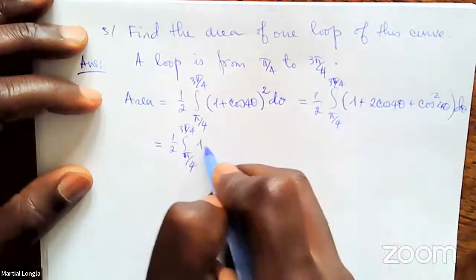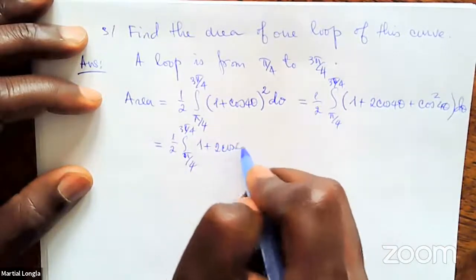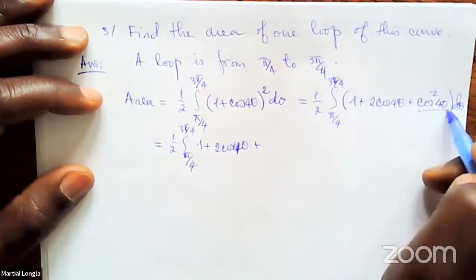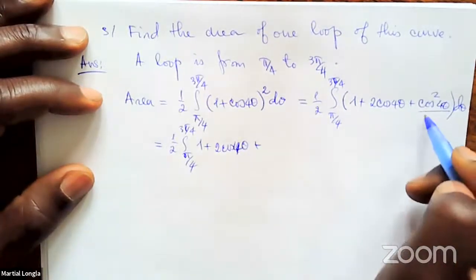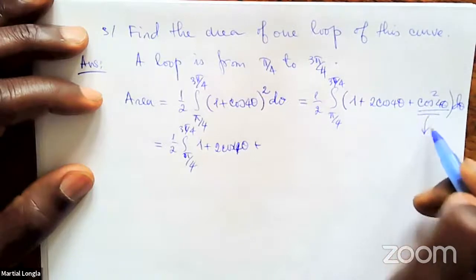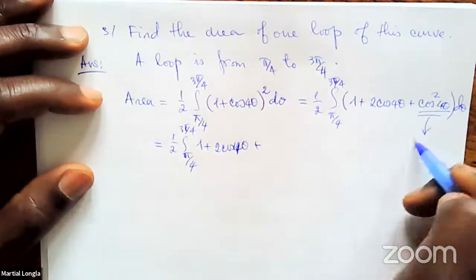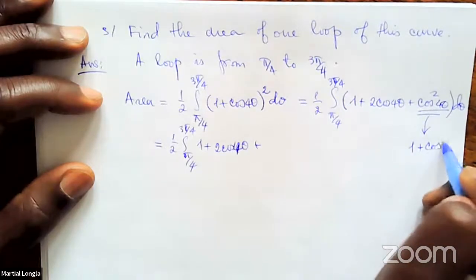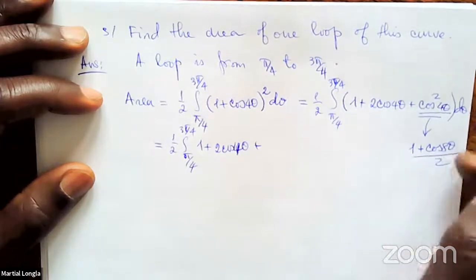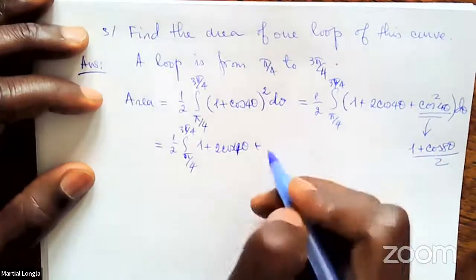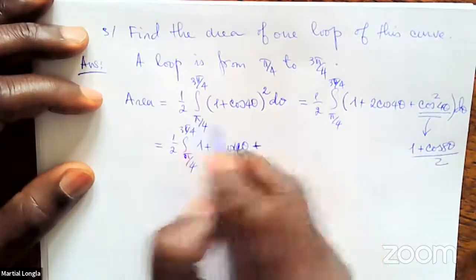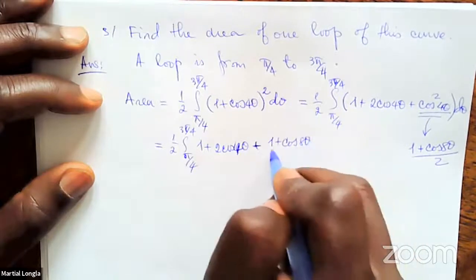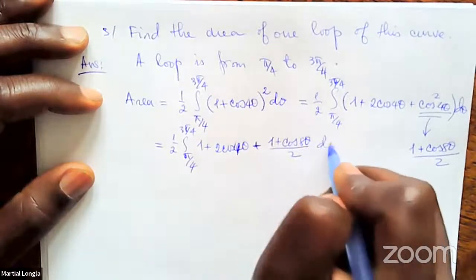This is going to be 1 plus 2 cosine 4 theta. And then you use the double angle formula to get this thing as 1 plus cosine of 8 theta over 2. This is equal to that, so you replace that here. d theta.